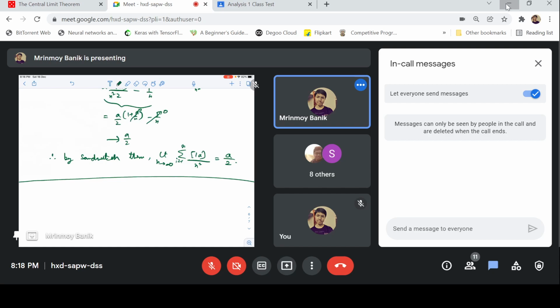Suppose a function is there which maps an open interval U to some subset of R. So f is continuous at a point A if you take any neighborhood point of A in the domain set, and f maps A to some point f of A. If you take any point in the neighborhood of A, it has to go to some neighborhood of f of A. If that happens, f is called continuous at A.